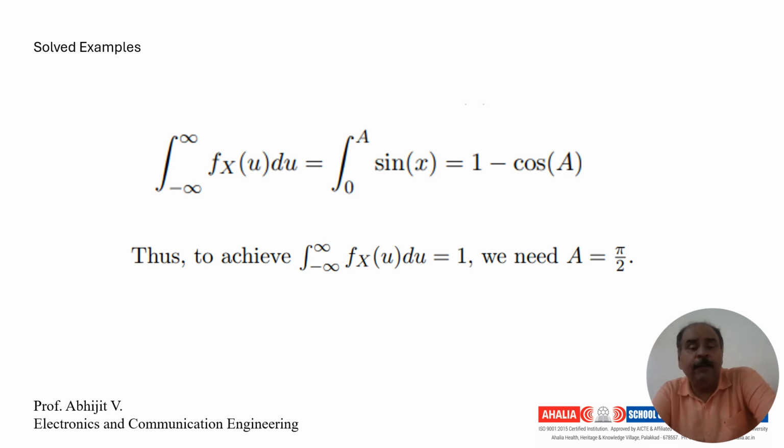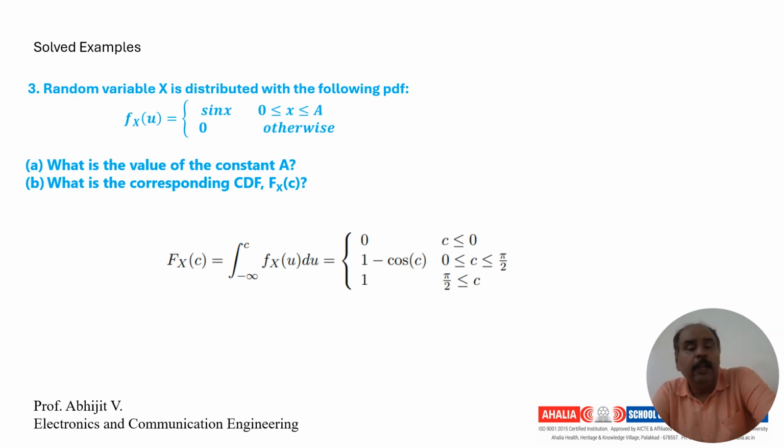One minus cos A. Next one, find CDF. Cumulative distribution function. Minus infinity to x fx u du.